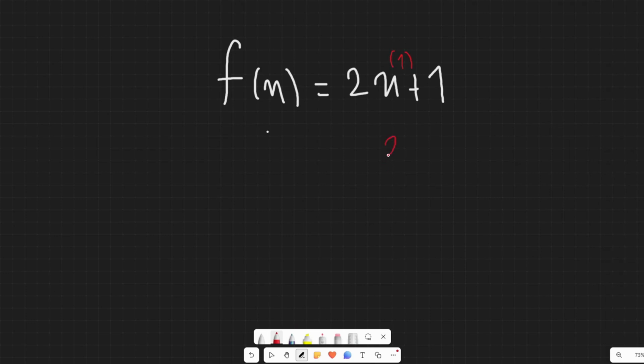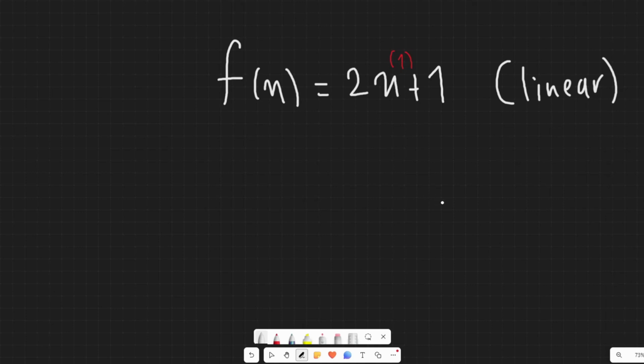If it was 2, we call it quadratic. If it was 3, we'd call it actually a cubic function. Alright, but here let's only focus on the linear. Maybe in the next session I will talk about quadratic functions as well and how do we actually sketch them. So this function, we call it linear.